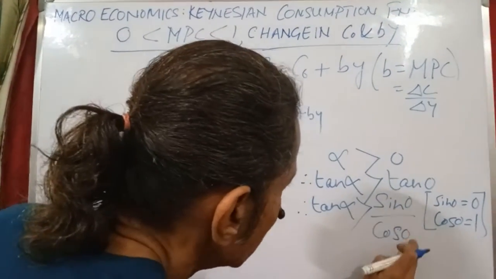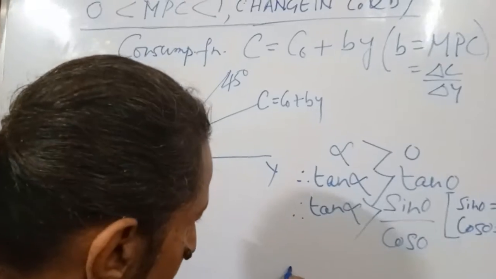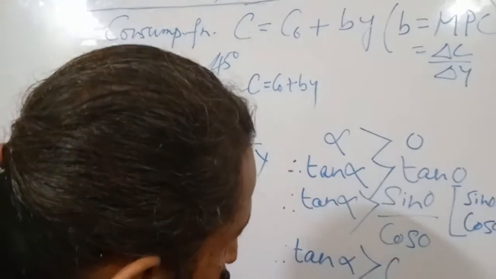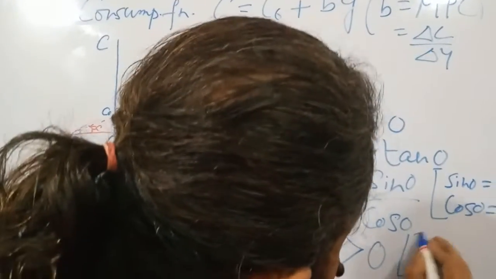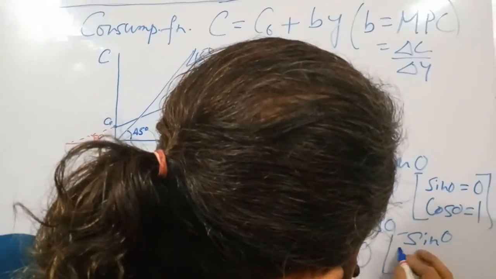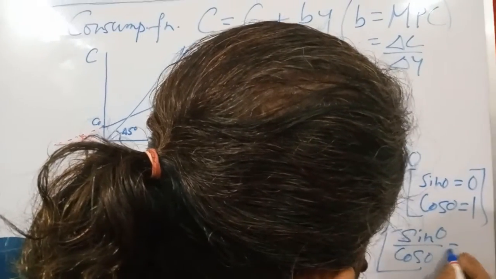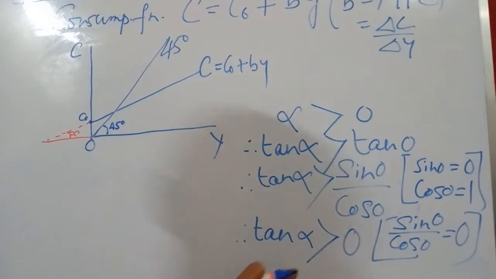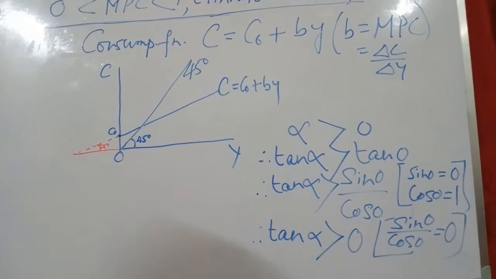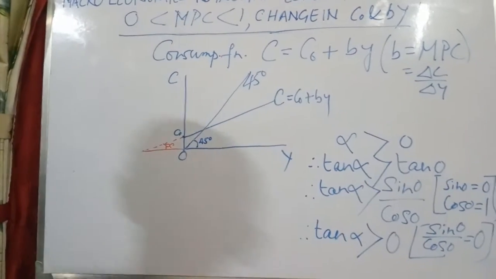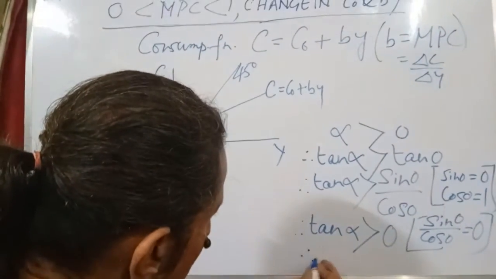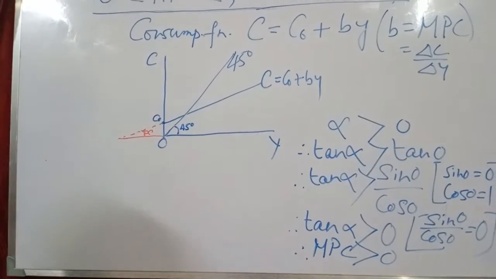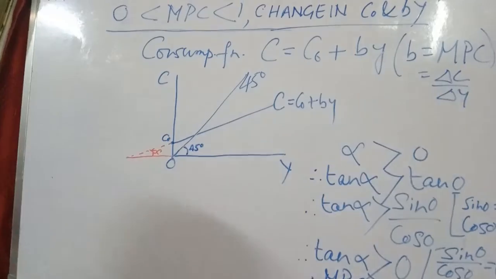So, sin 0 by cos 0 is 0, 0 by 1 means 0. Therefore, tan alpha is greater than 0. Now tan alpha is MPC. Therefore we can write MPC is greater than 0. Correct?